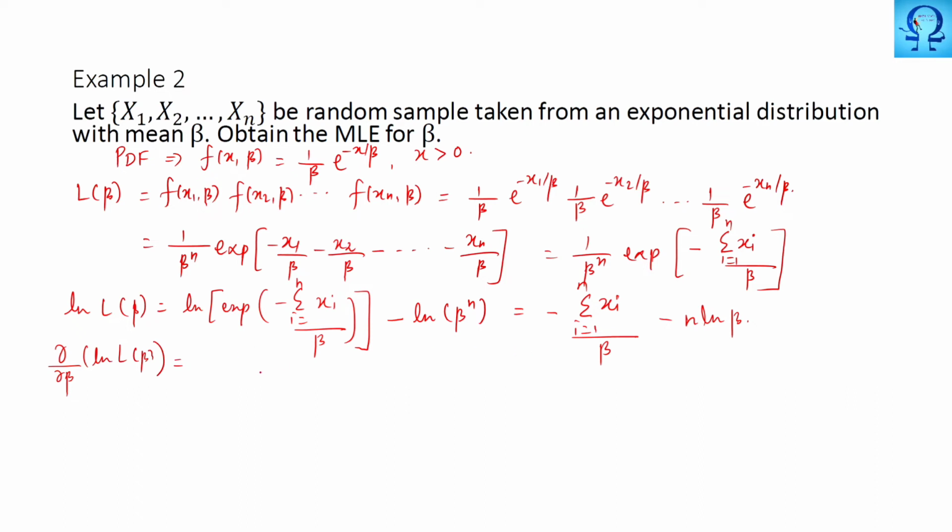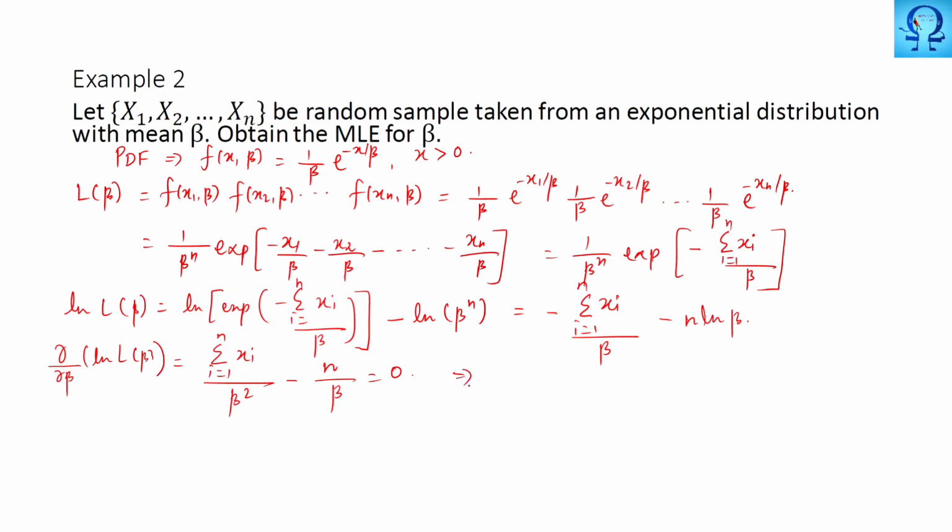So from the first term, what do we get? We get summation i runs from 1 to n xi divided by beta square, right? And from the second term, we are going to have minus n upon beta, which is to be equated with 0. Okay, and we know this mean cannot be 0.